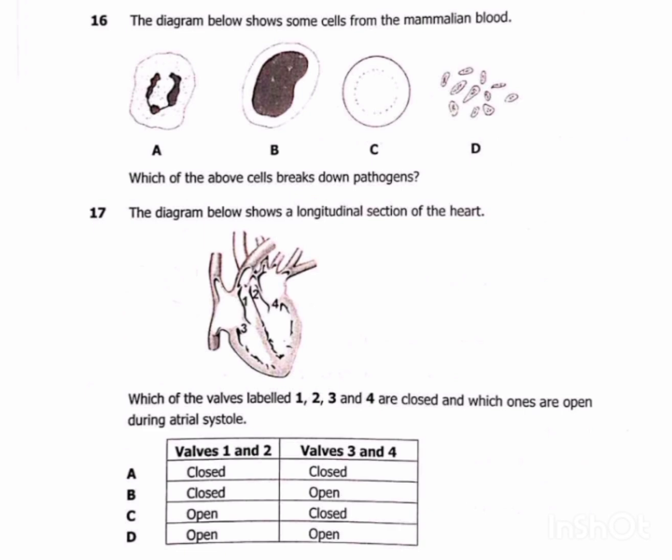The diagram below shows the longitudinal section of the heart. Which of the valves 1, 2, 3, and 4 are closed, and which ones are open during atrial systole? First we're supposed to understand what a systole is.